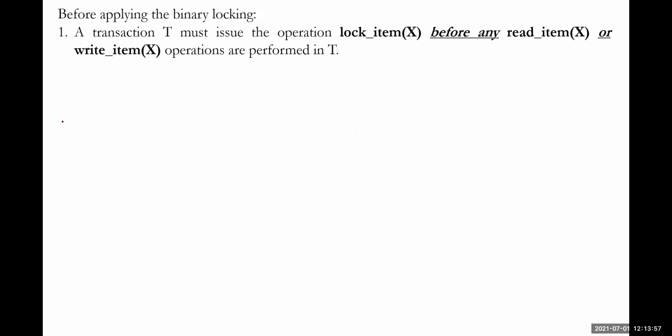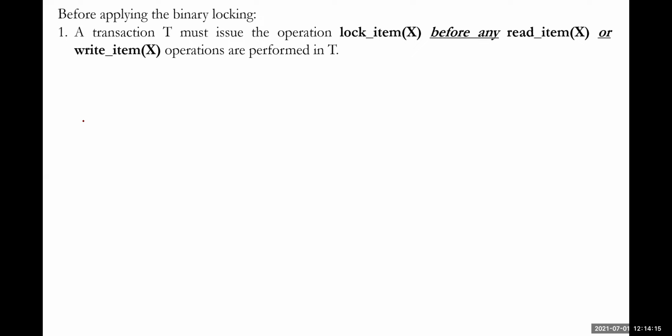Okay, then before applying the binary locking, what are we supposed to do? Binary locking mechanism has been taken by your transaction. What kind of precautionary measures do you have to take into consideration?